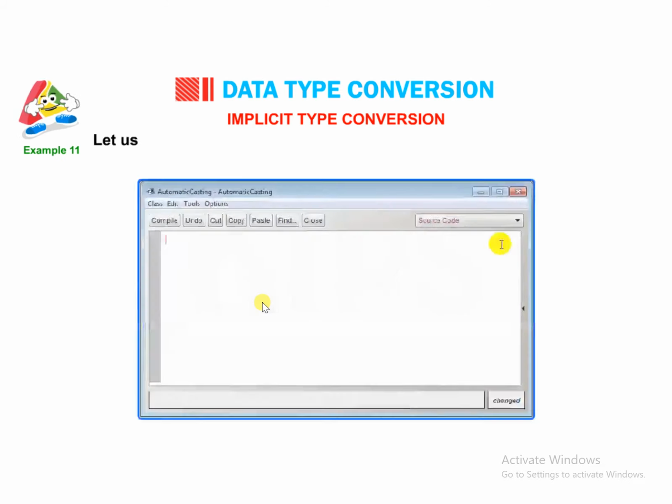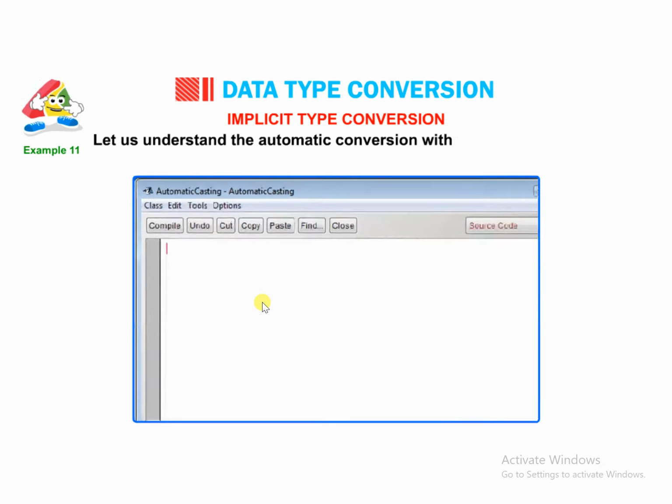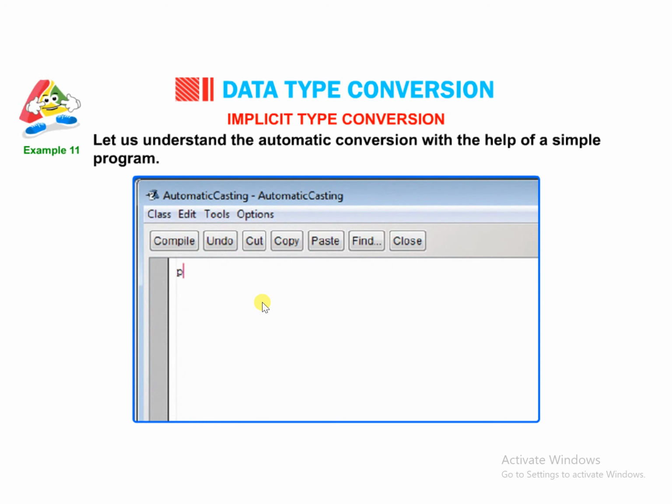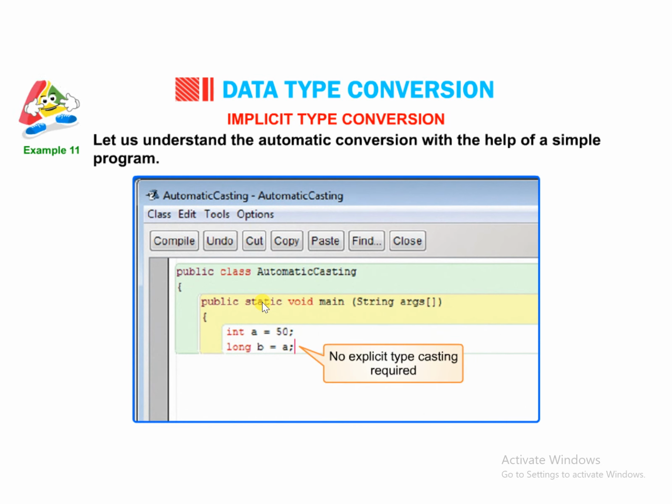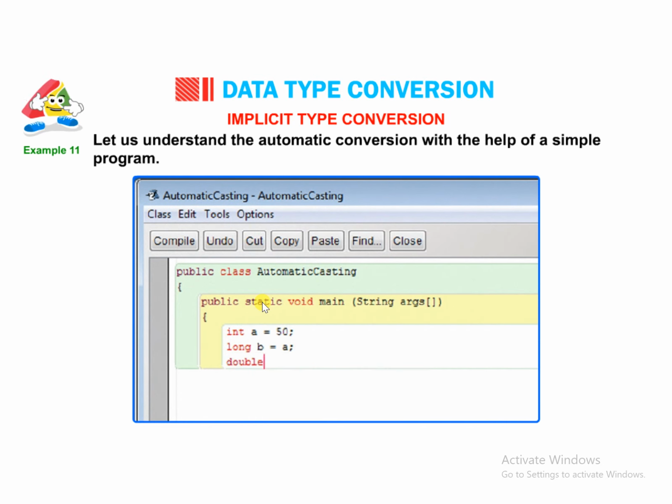Example: let us understand the automatic conversion with the help of a simple program. public class AutomaticCasting { public static void main(String[] args) { int a = 50; long b = a; // no explicit type casting required. double c = b; // no explicit type casting required.